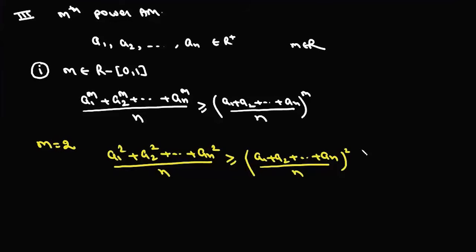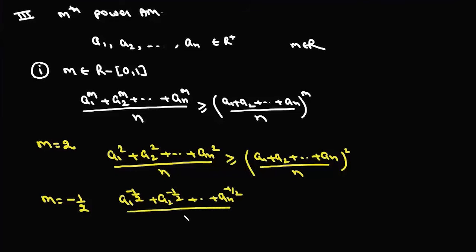Now this m can be a negative number also. We can take this m as say minus 1 by 2. Then we can write (a1 to the power minus 1 by 2 plus a2 to the power minus 1 by 2 up to an to the power minus 1 by 2) by n will be greater than or equal to (a1 plus a2 up to an) by n whole to the power minus 1 by 2. So this is our first case when m is either less than 0 or greater than 1.